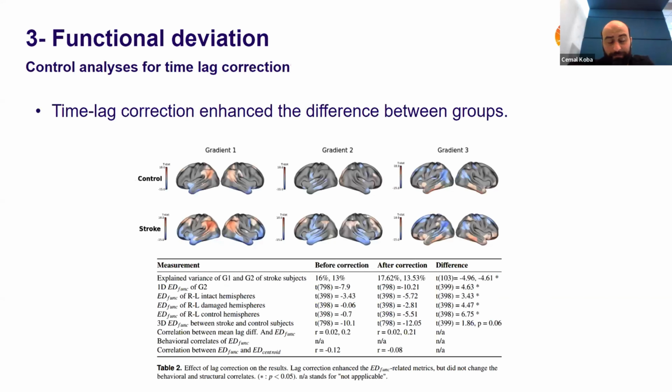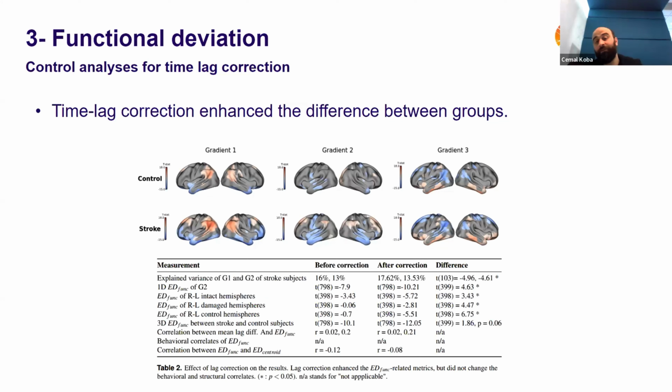And lastly, we made many control analyses for the temporal lag correction to see if they are fit for the whole brain connectivity analysis. And we saw that lag correction does not reduce the differences between groups, which one could expect, because basically by shifting the time series, you are forcing the time series to be similar to each other, right?